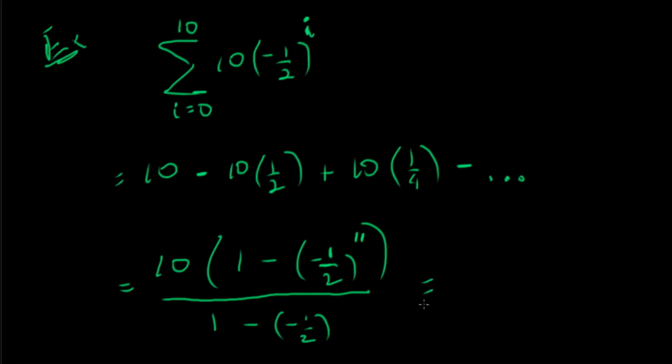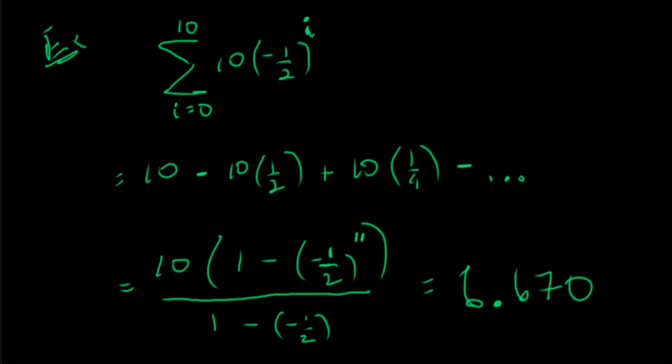I'm going to use a calculator for this, and I'm getting 6.670. So if you add 10 and then minus 5 plus 2.5 minus 1.25, so on and so forth, for 11 terms, we're going to sum to 6.670.